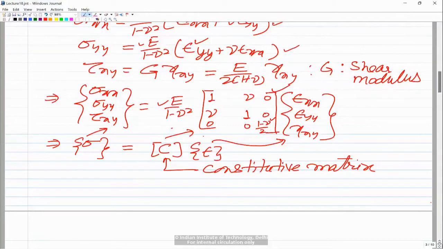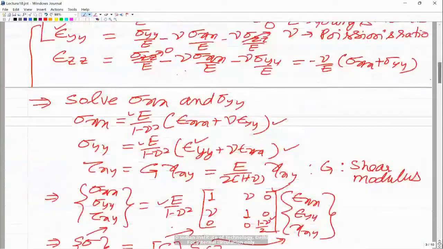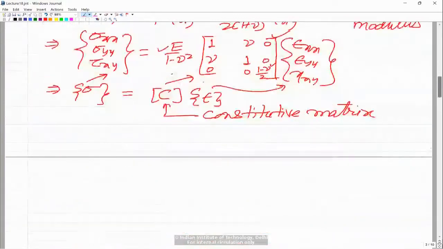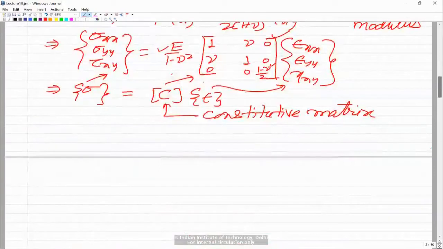So in plane stress case, sigma zz, tau xz, tau yz are 0, but epsilon zz is non-zero. You see, epsilon zz is given by this expression. Now the other case is the plane strain case. In plane strain, the thickness is very large.